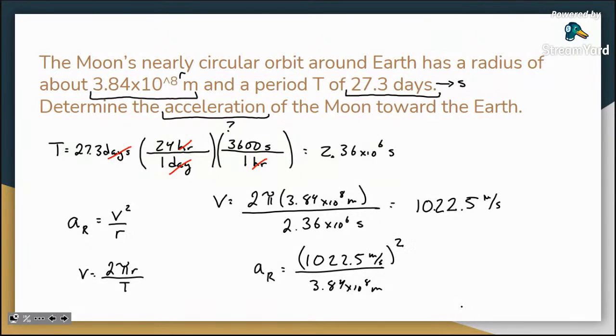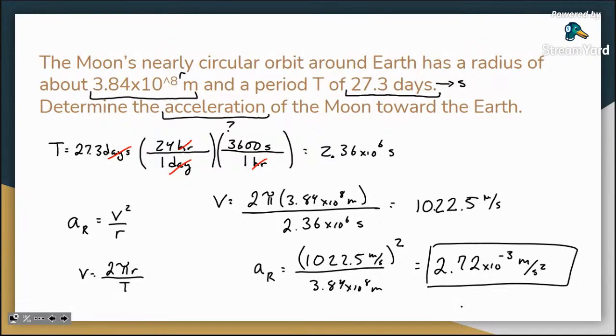When we do that, we should end up with a value around 2.72 times 10 to the negative third, and that will give me units of meters per second squared. Okay. Again, at any time while I'm working these problems, please feel free to pause the video, work ahead, and once you've got your answer, unpause and watch me work through it and verify that you got the right thing.